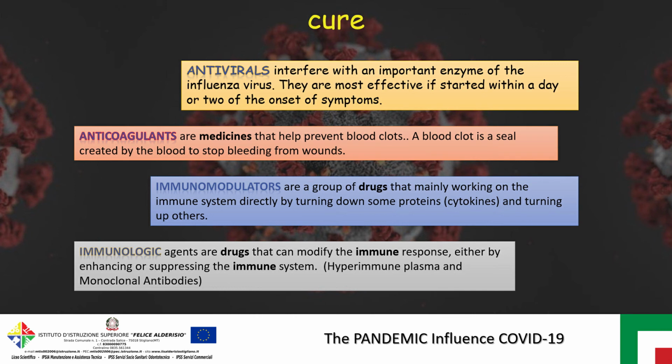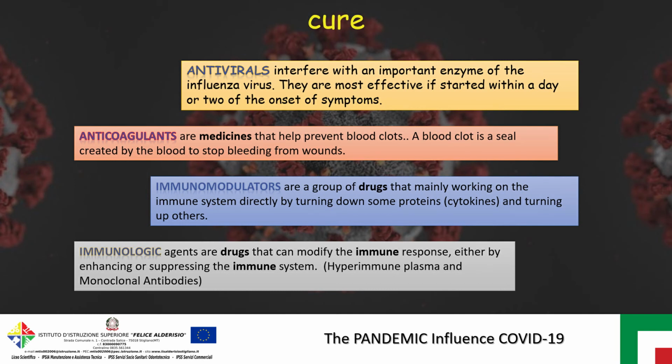Anticoagulants are drugs that treat blood clots and help prevent blood clot formation in the veins and arteries. Immunomodulators are substances that work to calm your immune system over an extended period of time.